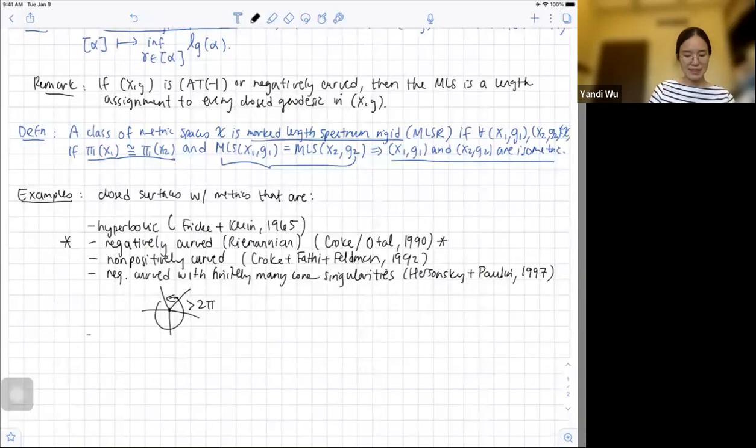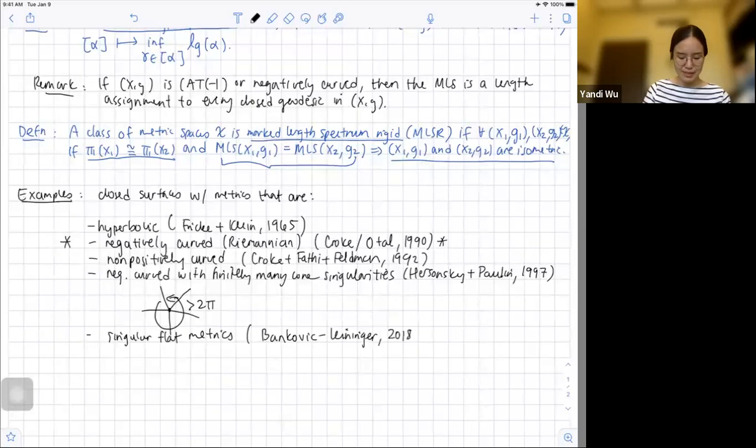And along a similar vein, you have singular flat metrics, again with finitely many singularities. This is a result due to a lot of different people. There's the Duchin, Leininger, Rafi paper where they talk about singular flat metrics induced by quadratic differentials. But the more general result is due to Bankovic and Leininger, from 2018.